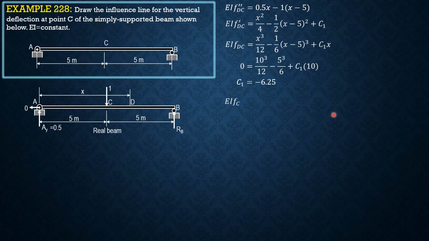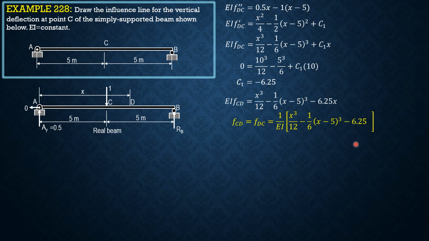Therefore, EI f_DC is equal to x cubed over 12 minus 1/6 quantity (x minus 5) cubed minus 6.25x. Or f_CD, which is equal to f_DC, is equal to 1 over EI quantity x cubed over 12 minus 1/6 of (x minus 5) cubed minus 6.25x.